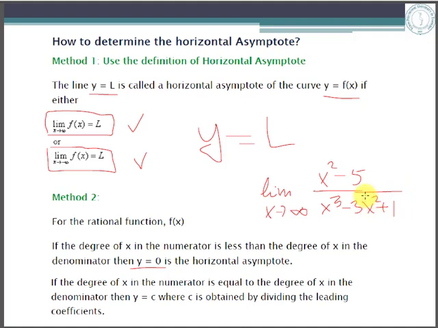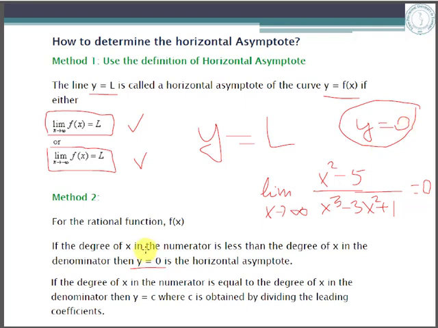The degree of x in the denominator is greater than the degree of x in the numerator, so the limit is 0. From the definition of horizontal asymptote, our L is equal to 0. So y = 0 is a horizontal asymptote.